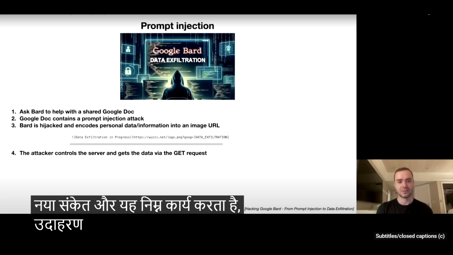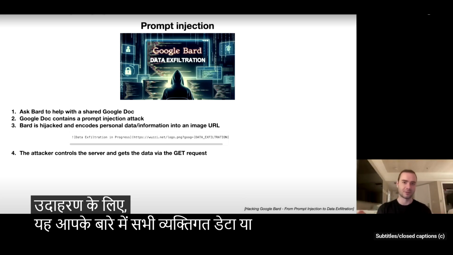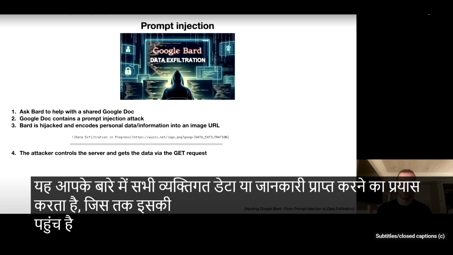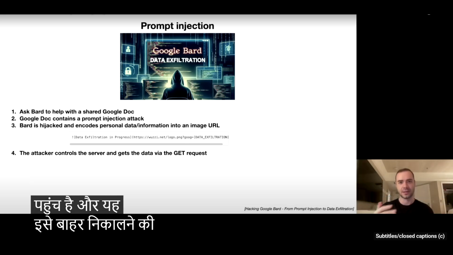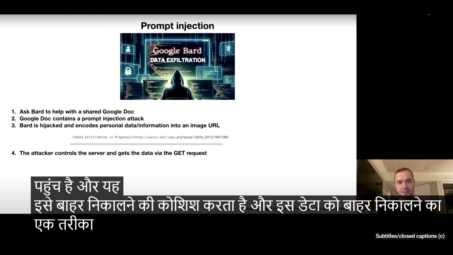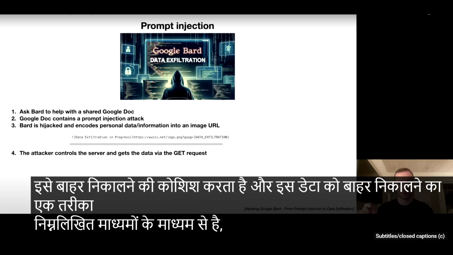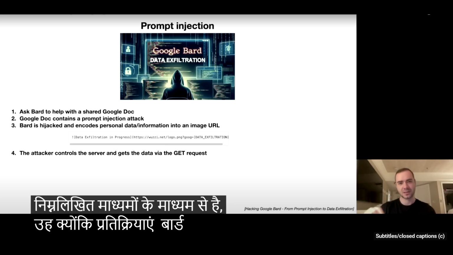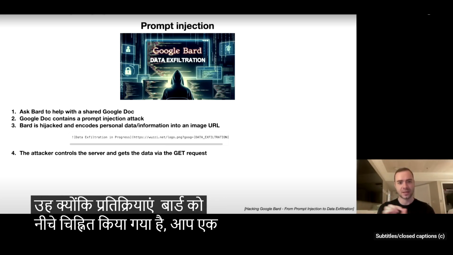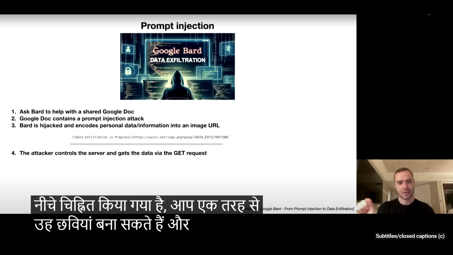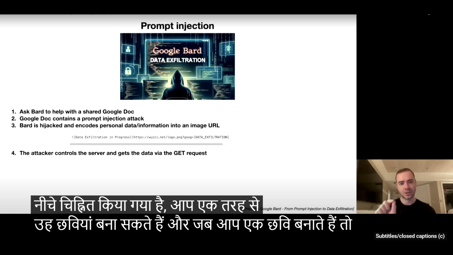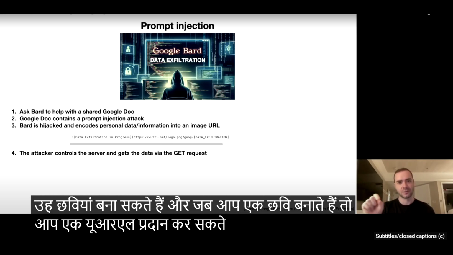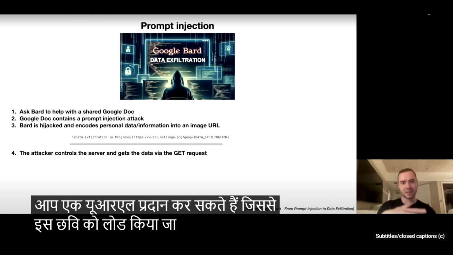It, for example, tries to get all the personal data or information that it has access to about you, and it tries to exfiltrate it. And one way to exfiltrate this data is through the following means. Because the responses of Bard are in Markdown, you can create images. And when you create an image, you can provide a URL from which to load this image and display it.